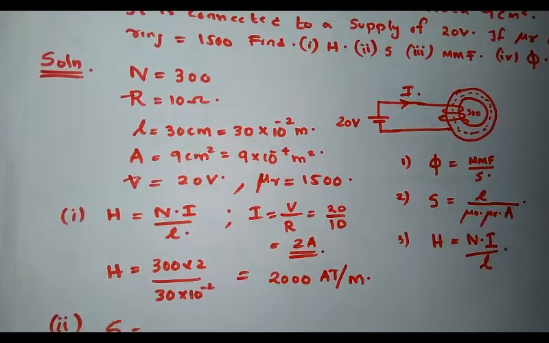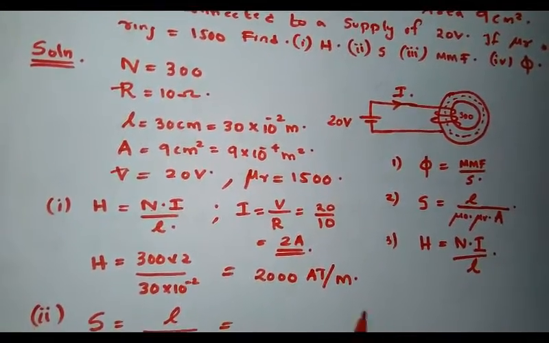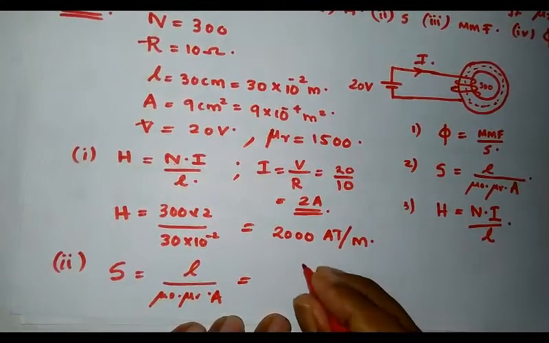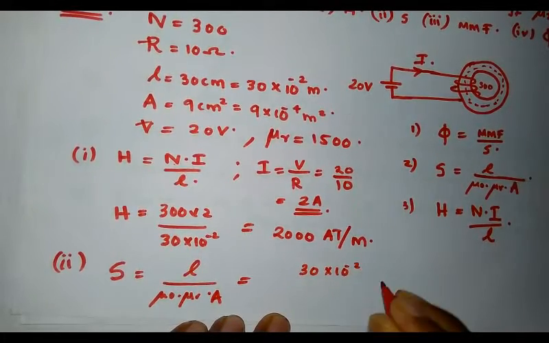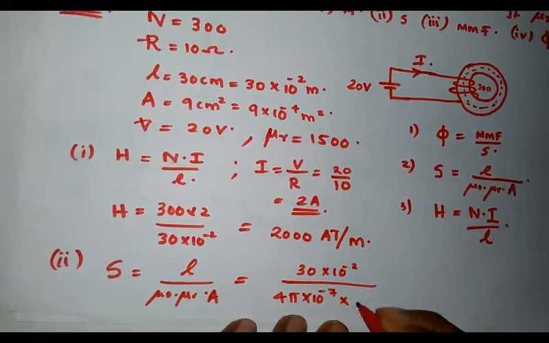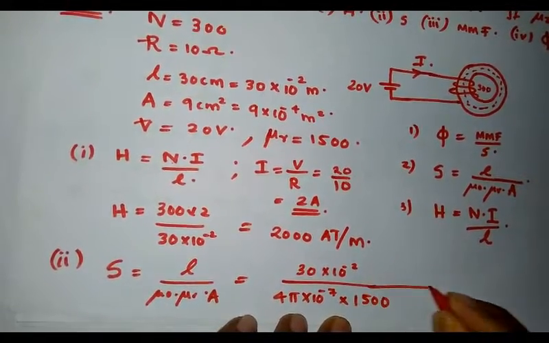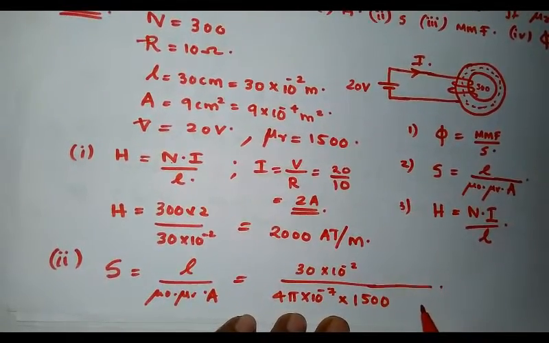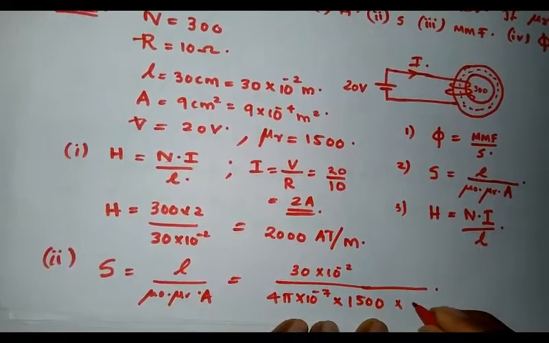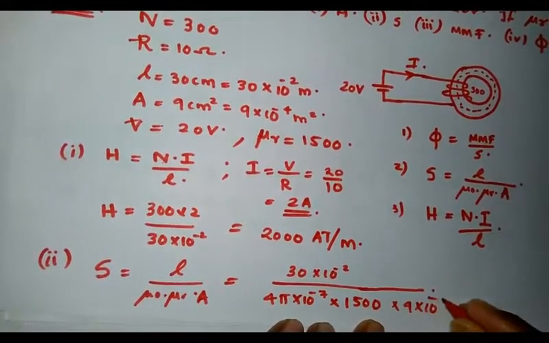From the equation we know that reluctance S is equal to L by mu 0 into mu r into A. Here all the parameters are directly given and we know the value of the constant mu 0. Therefore reluctance S is equal to 30 into 10 to the power minus 2 divided by 4 pi into 10 to the power minus 7 into mu r, given as 1500, the relative permeability of the circular steel ring, and also the area of cross section is 9 into 10 to the power minus 4.